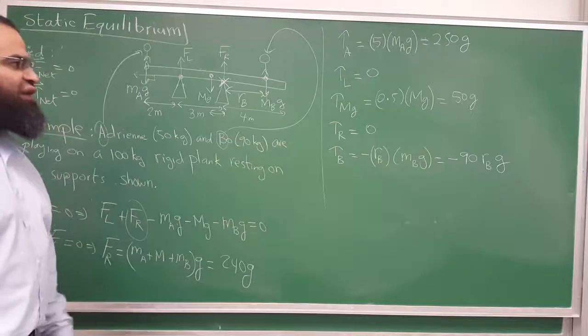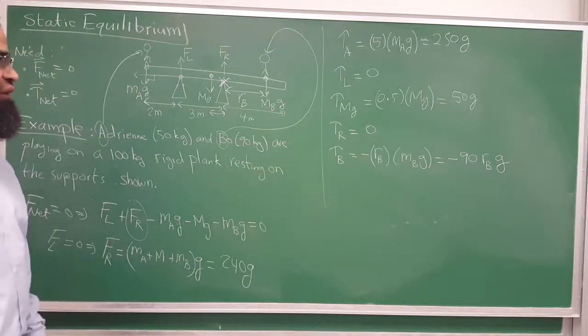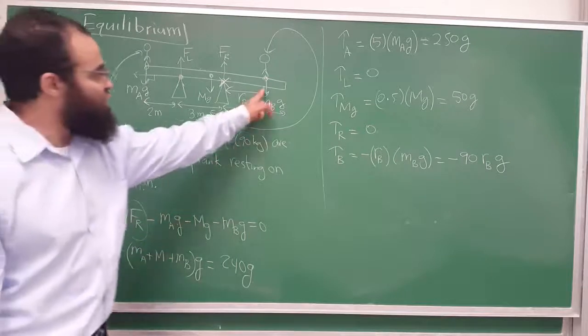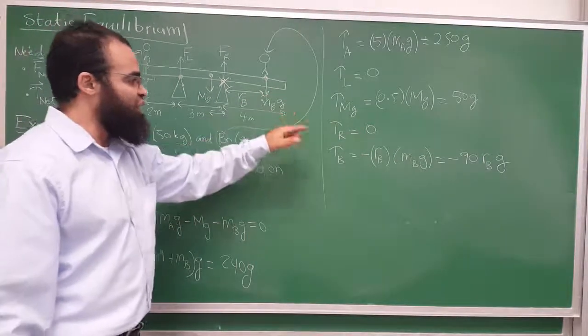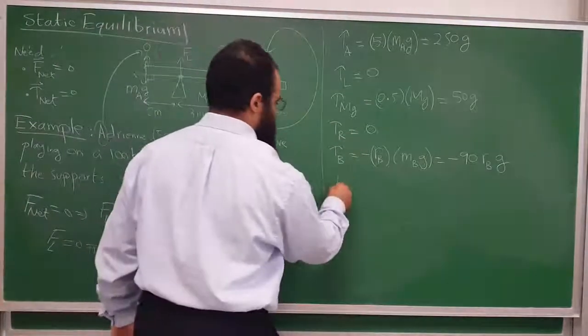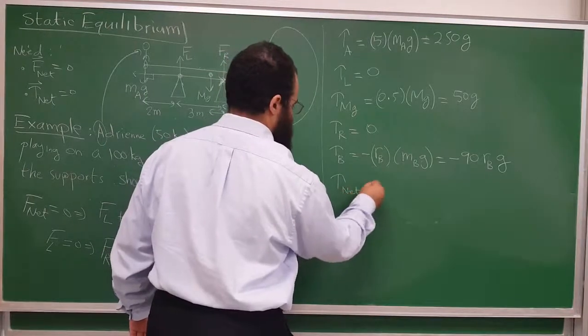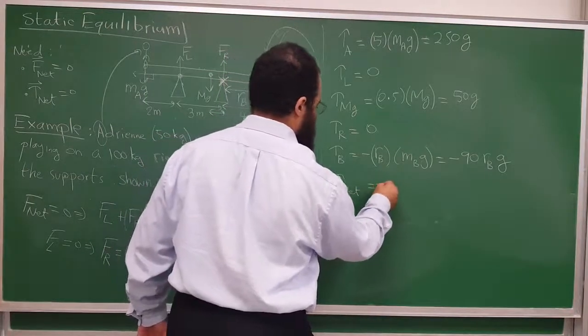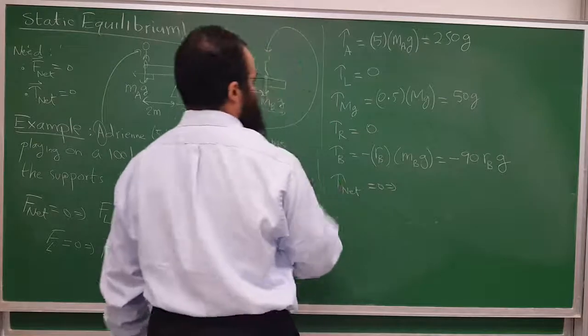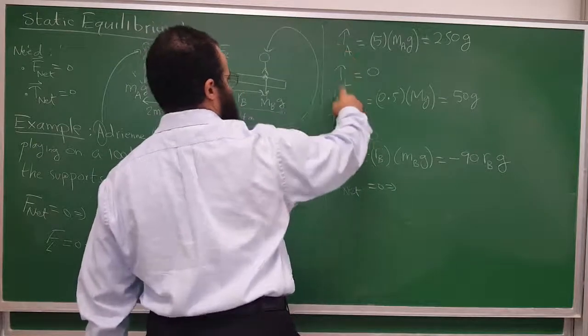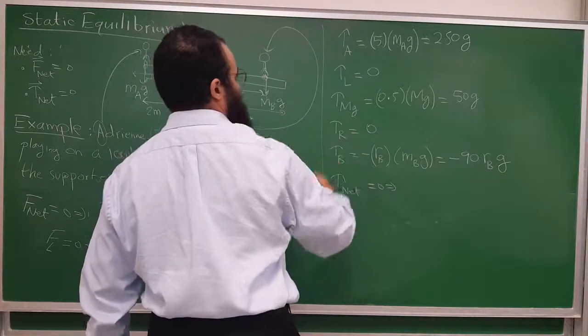And now we're going to say the net torque has to equal 0 because it's not rotating yet. It's about to rotate. If it takes one more step here, it will rotate, but it's not rotating yet. So we say the net torque is equal to I alpha, but that's 0. So the net torque will be tau due to A plus tau due to L, plus tau due to mg, plus R_B.